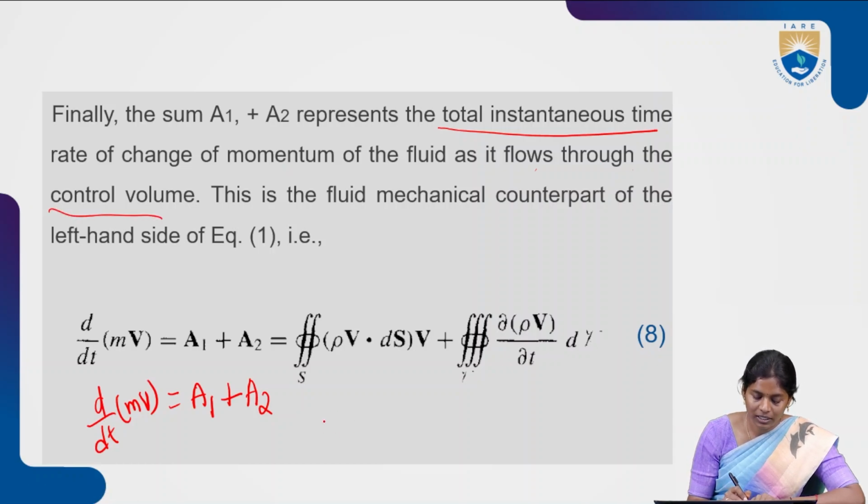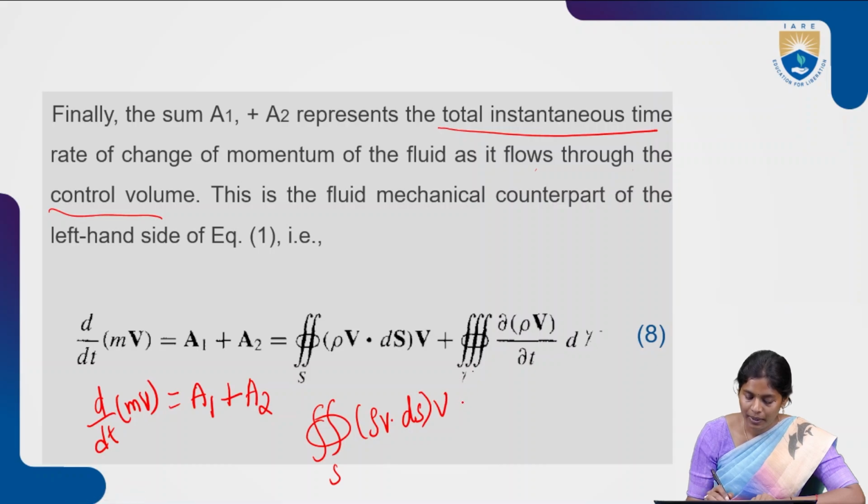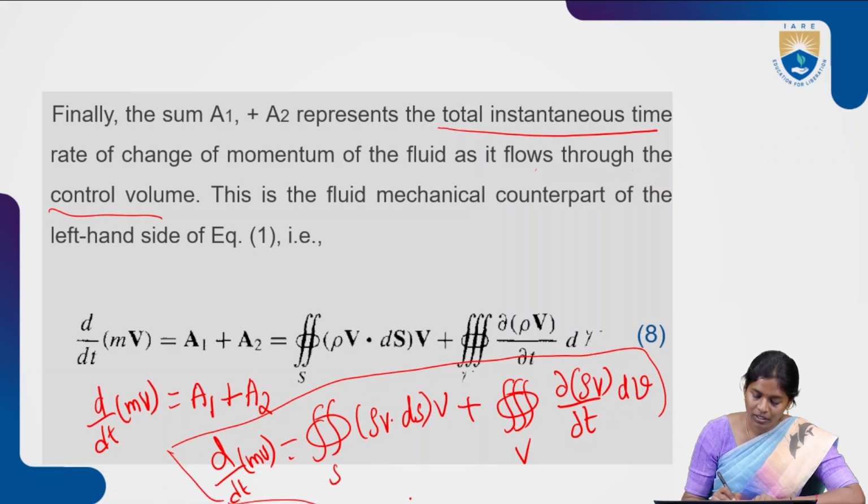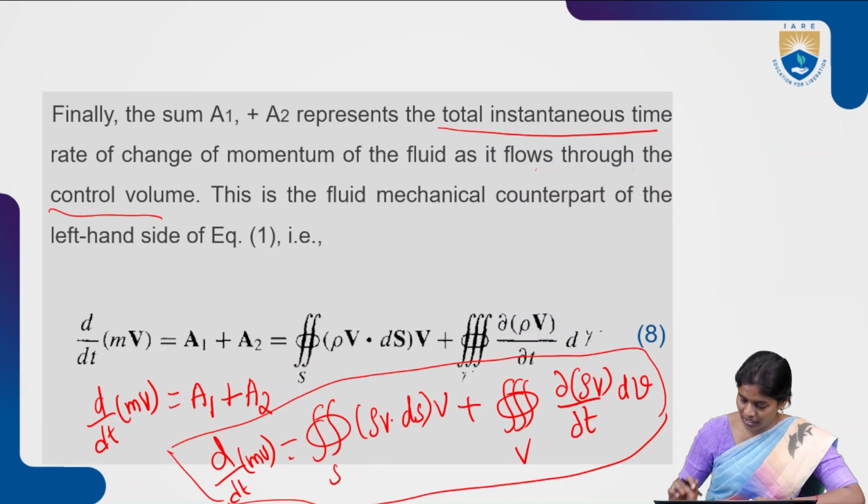That is the surface integral of rho v dS into v plus the volume integral of dou by dou t of rho v into dV. So this is nothing but the rate of change in momentum, right? This is the equation for the right hand side.